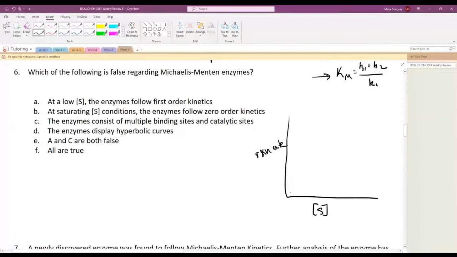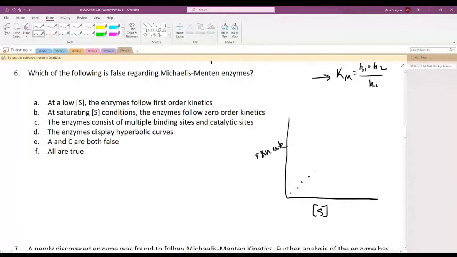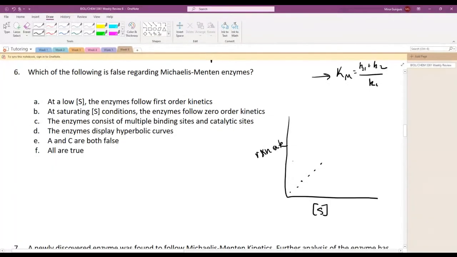And then maybe I get a little bit more substrate and a little bit more reaction happens, and so on and so on. But once I reach maybe 1 molar of substrate, or we'll go a little bit larger because we're going to assume that not every substrate is going to bind to an enzyme very quickly, so maybe we'll say about 1.5 molars of substrate.